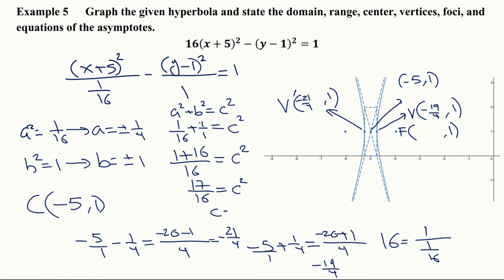So therefore c is going to be positive or negative square root of 17 over 4, right? I went ahead and took the square root of 16. So for the x value, I need to take the x value of the center and add square root of 17 over 4 to it.